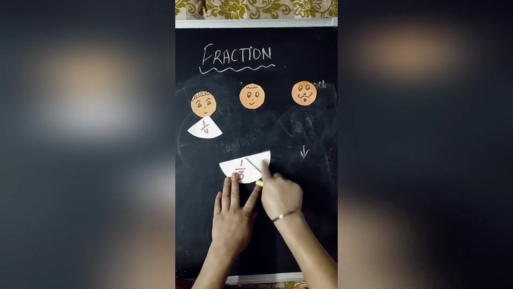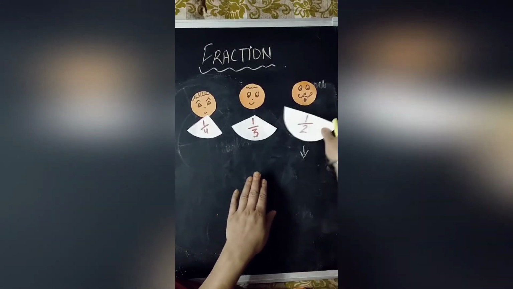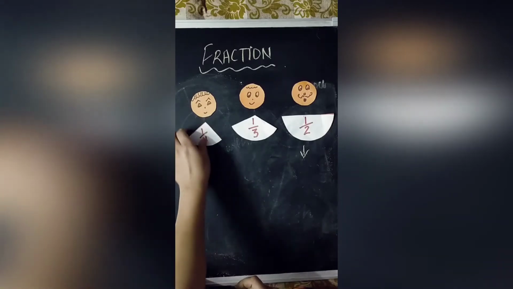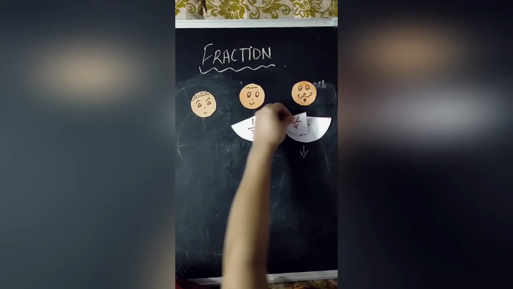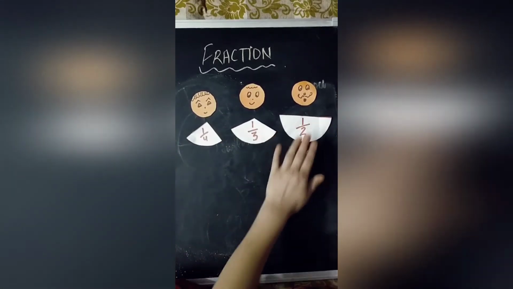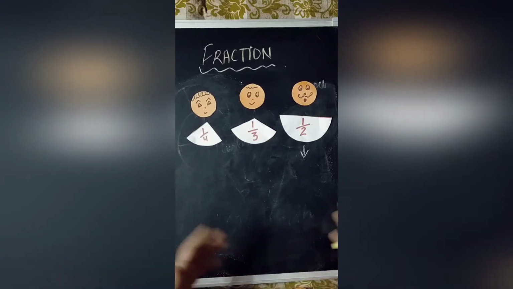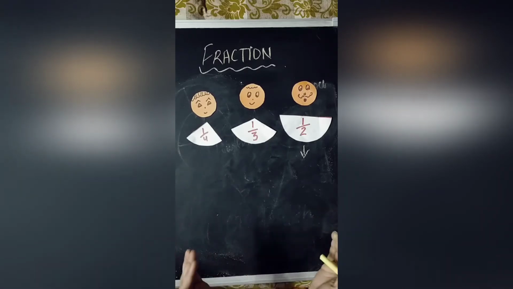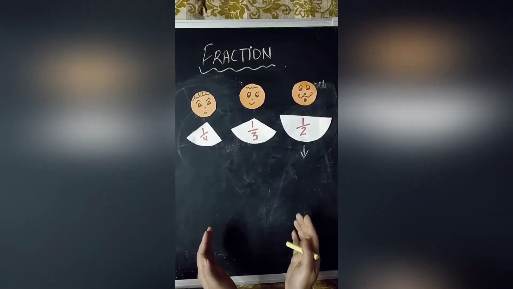Here this is bigger. Yes, 1/3 is smaller than half, and 1/4 is smaller than 1/3 and 1/2. So this means as the number of people increases, we get a smaller piece size.